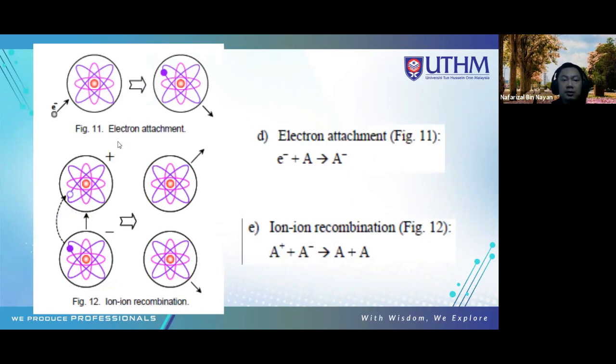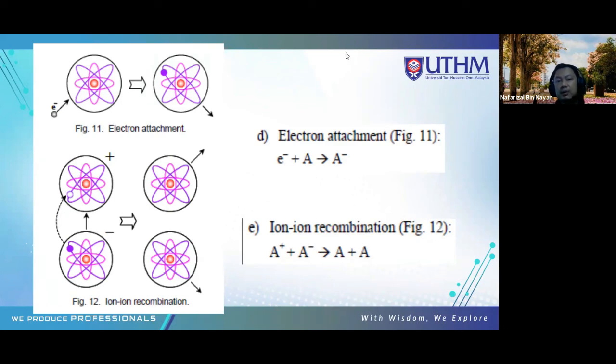You can see electron attachment as well. The chemical reaction is something like this: you have the atom here, and the electron will hit the atom and attach to it. We call it electron attachment. And you can also have ion recombination, where a positively charged atom and a negatively charged atom recombine and become neutral.